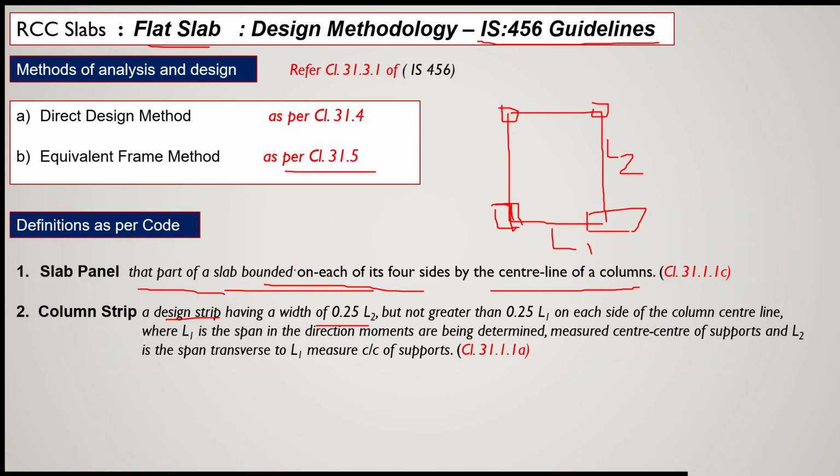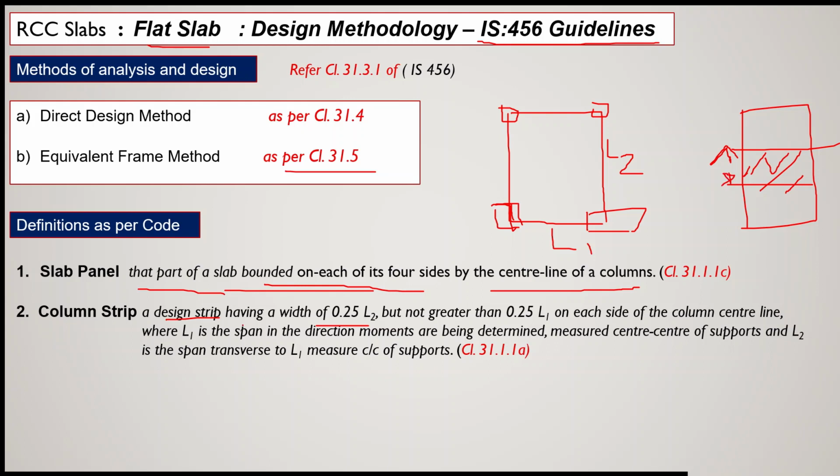So when you have to point out that column strip, it will be a strip. Strip means, just like if this is a panel, then this portion will be one strip. Now what will be the width? This will be the width of the strip.